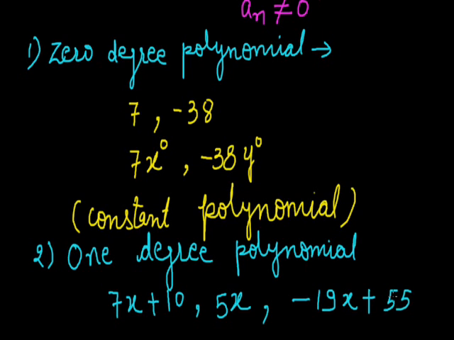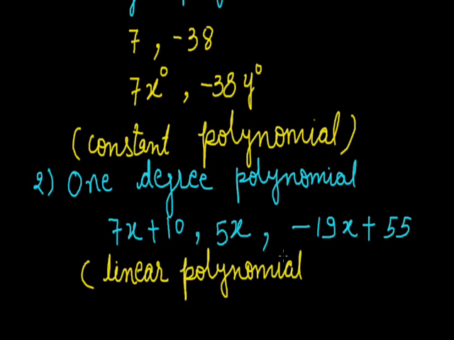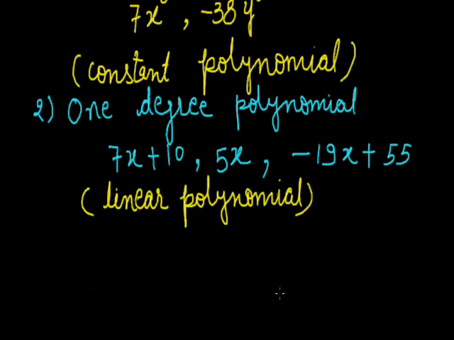All these are examples of 1 degree polynomial because these have the maximum variable term in x raised to 1. They are also called linear polynomials. In case of a linear polynomial, it is necessary that the polynomial should contain a term in x raised to 1. They may contain the constant or may not contain the constant.